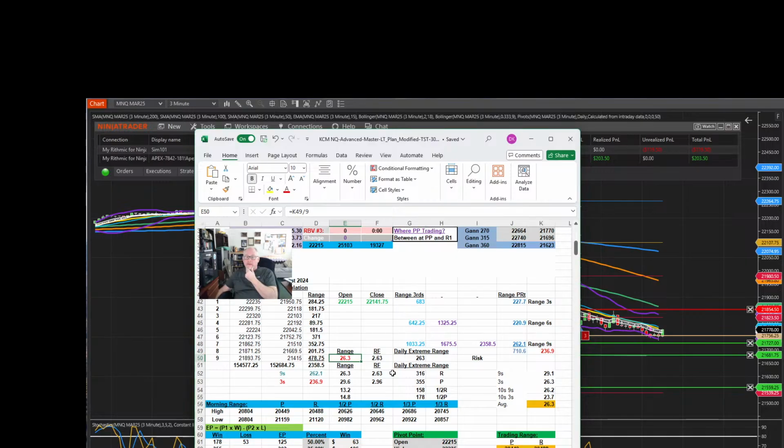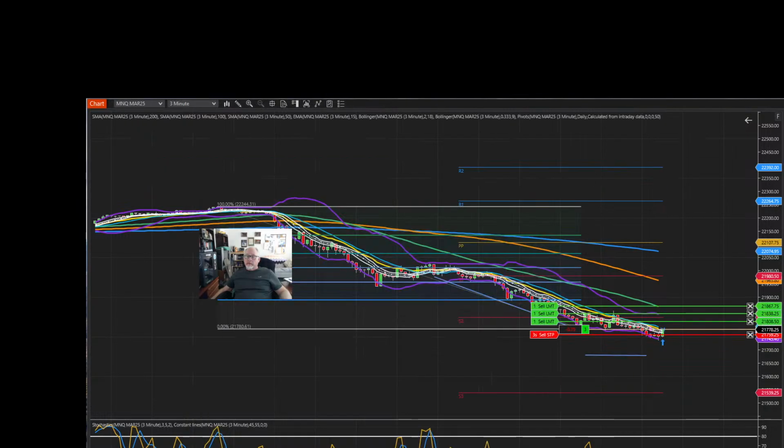Now it's moving against us, huh? That's why we're in sim. Looks like we bottomed out here. Let's reverse it. Order filled. So we've got the pivot point. We've got the S1 line.